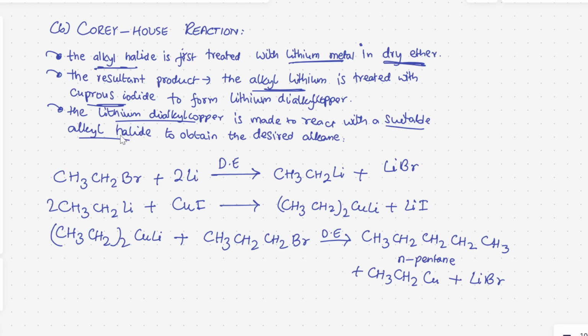It is crucial to note that if we were to make, say, a heptane, then we would have to take a 5 carbon alkyl halide in this part. It's completely up to our discretion as to what we want to make as the final product, noting that we can get both odd and even products or alkanes.